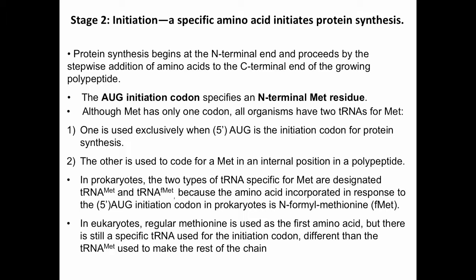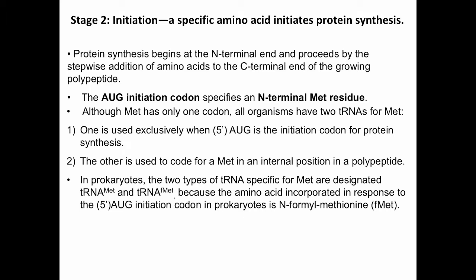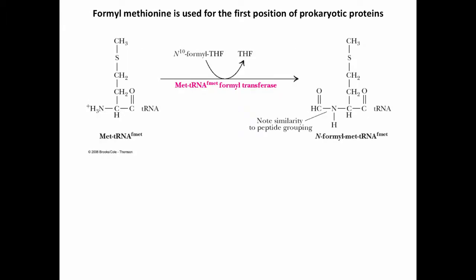Yes. Okay, so let me clarify. This little superscript fMet indicates that it's a tRNA that is specific for methionine that's formylated. And then the Met before that indicates that the tRNA has been attached to a methionine.